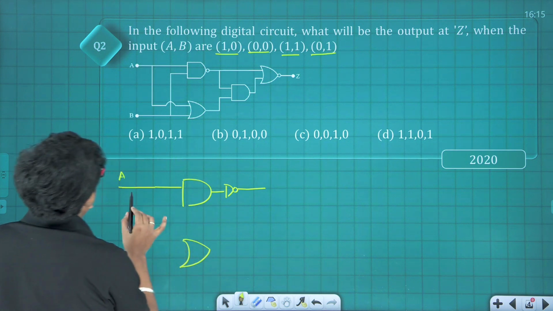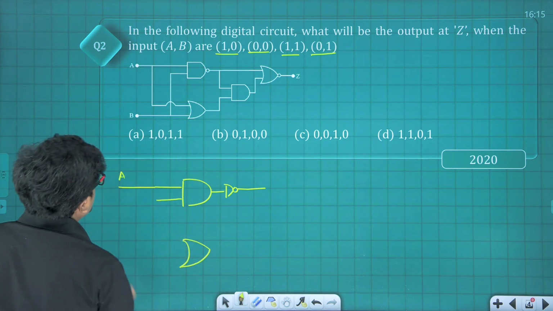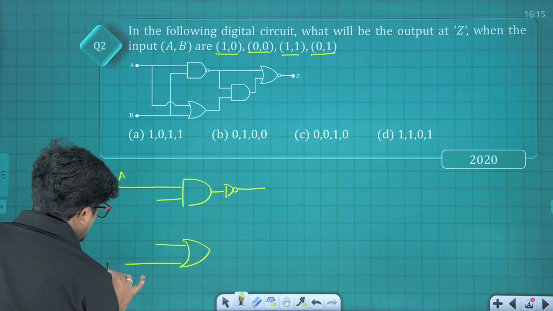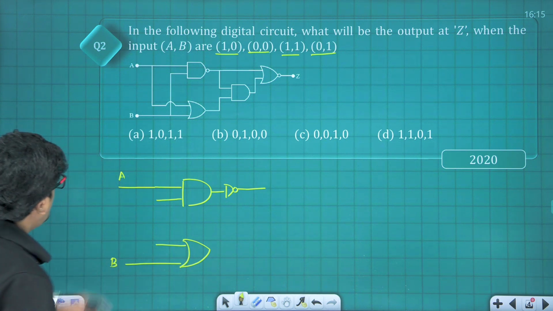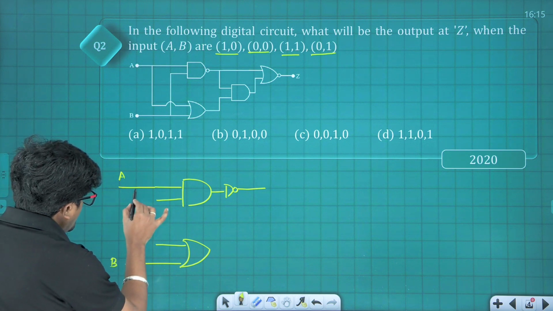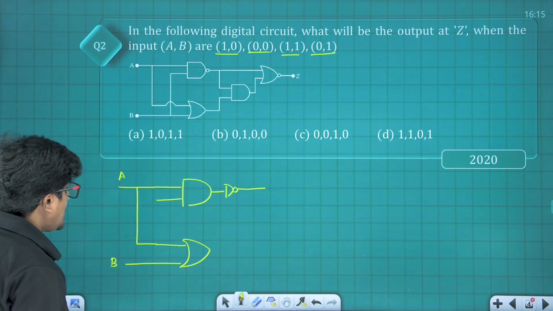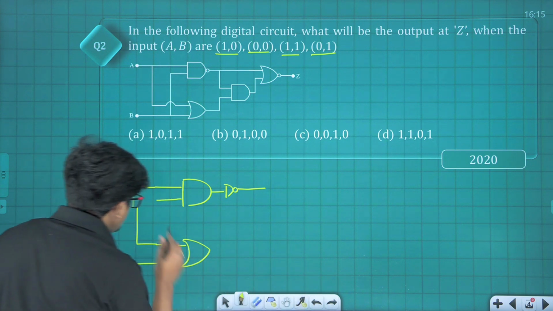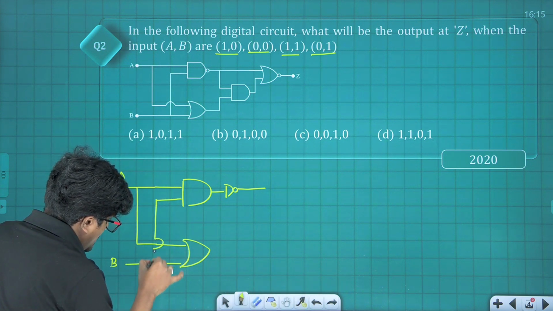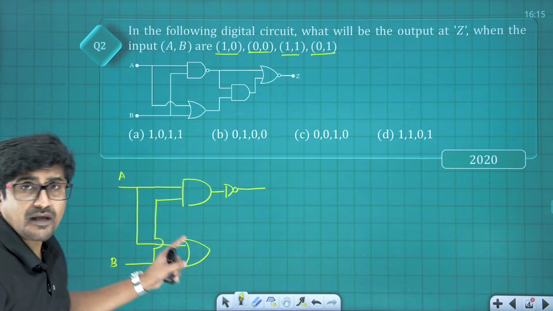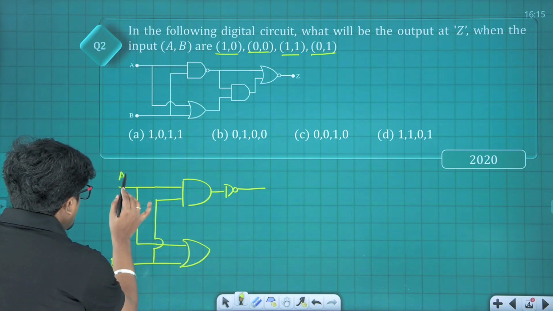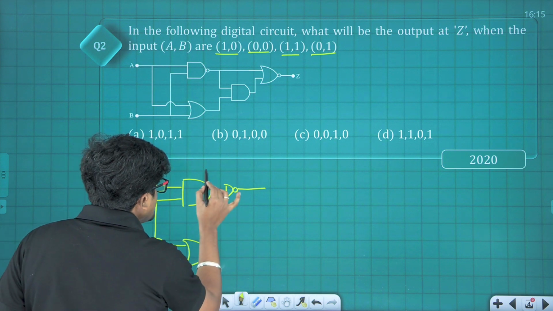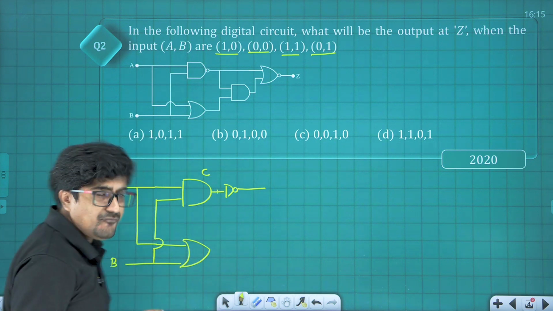Now here this is the second input, and here this is the first input for the OR gate, and here this is B. So A is coming here, A is coming here, and B is going like this. Here this is B. So here this is A going in, and here this is B. So here I can say that this is going to be C for me.